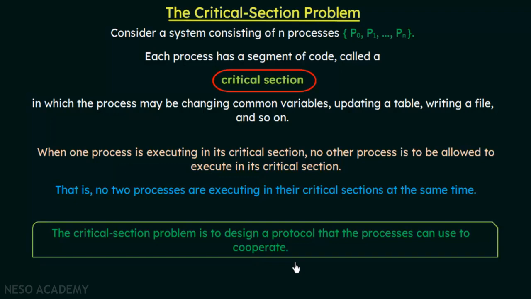So the critical section problem is to design a protocol that the processes can use to cooperate in such a way that they will be synchronized with each other properly. That is what we mean by the critical section and the critical section problem. We'll be discussing more about this critical section problem as we move ahead.